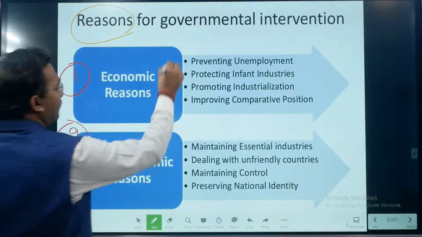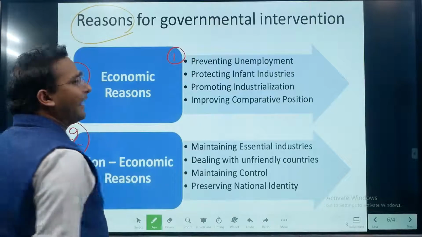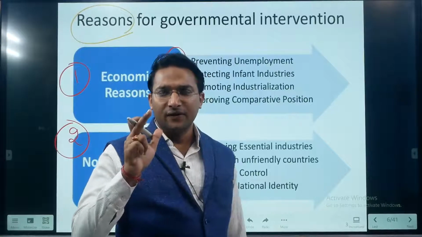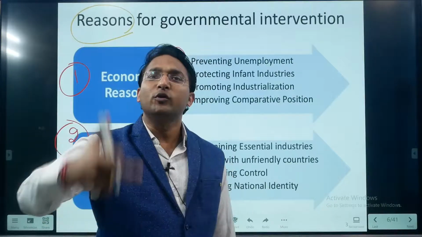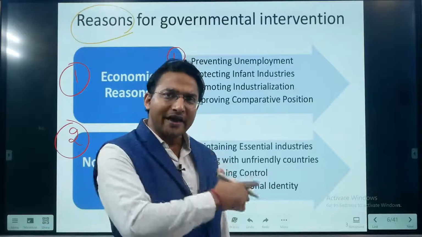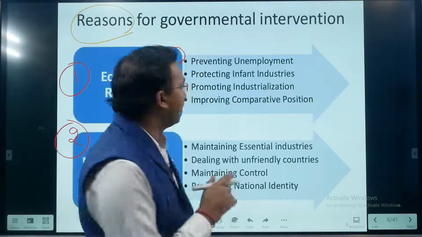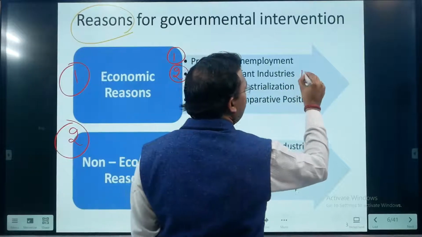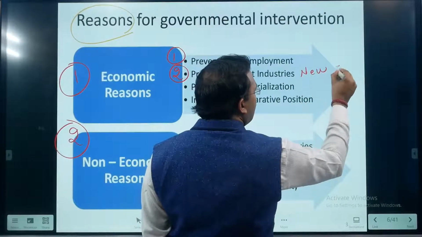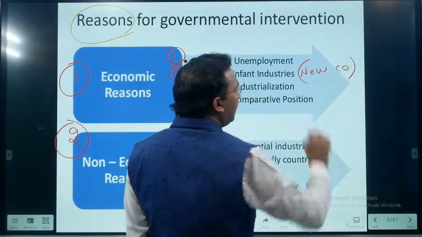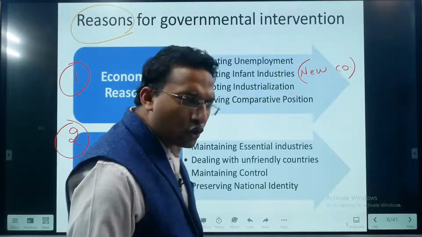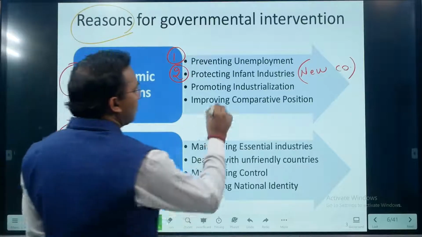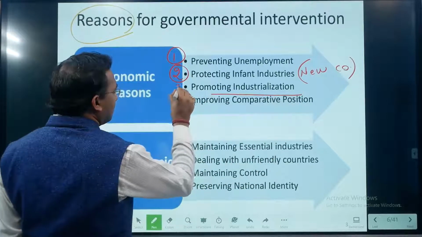Economic reasons means, first, preventing unemployment. So if domestic industries are adversely affected, then unemployment will be there. So through the trade barriers, unemployment is prevented. Protecting the infant industries. So the new companies in the domestic area, if we protect those companies, then in the future we can actually promote the industrialization.